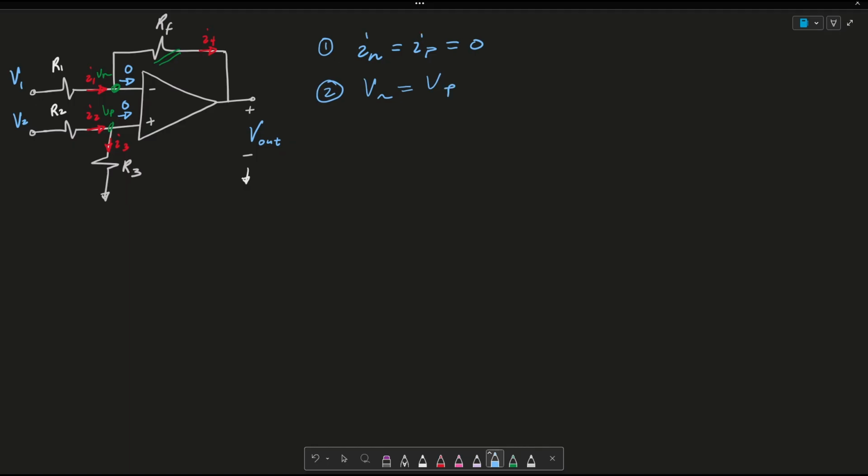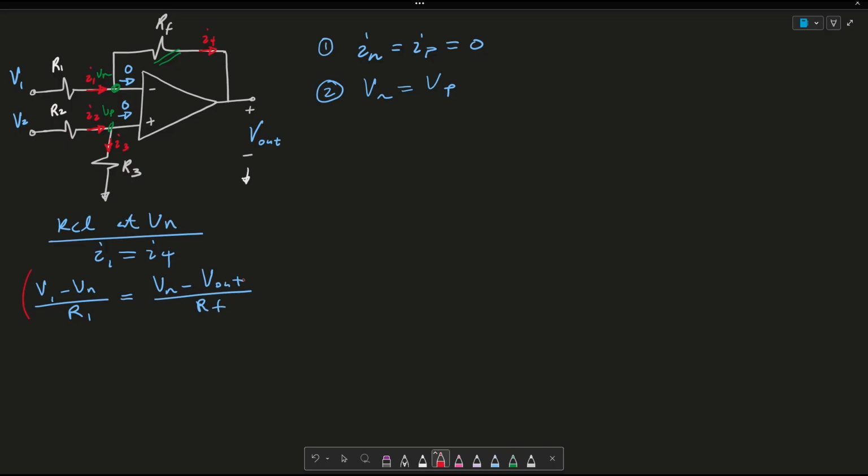Now what we have to do to solve this is write KCL equations at node Vn and Vp, where for my KCL equation at Vn, I can say that I1 has to equal I4, where I1 is V1 minus Vn over R1, which has to equal Vn minus Vout over RF.